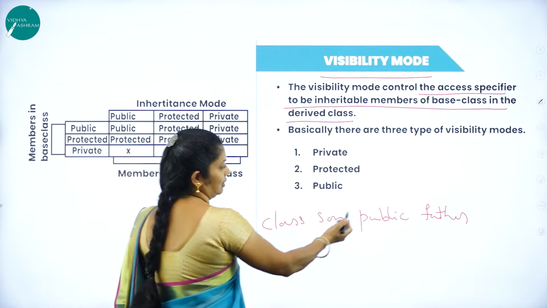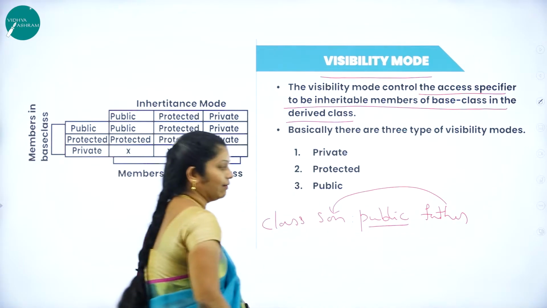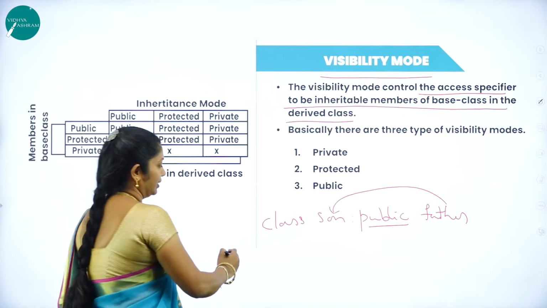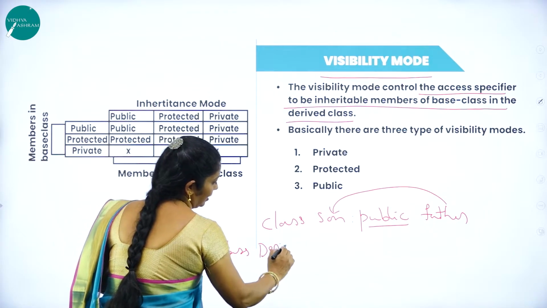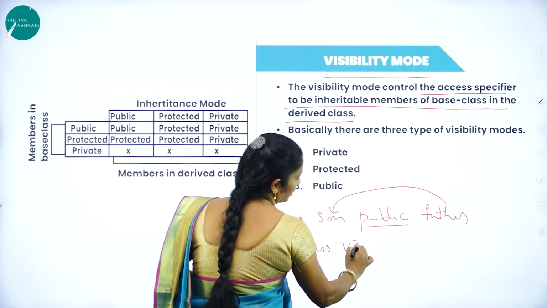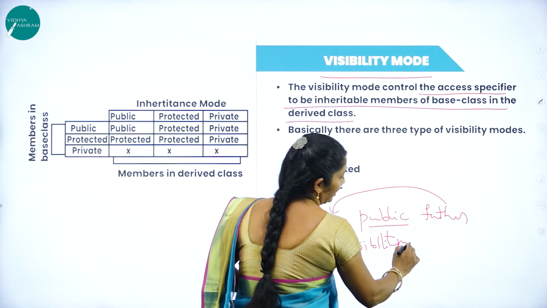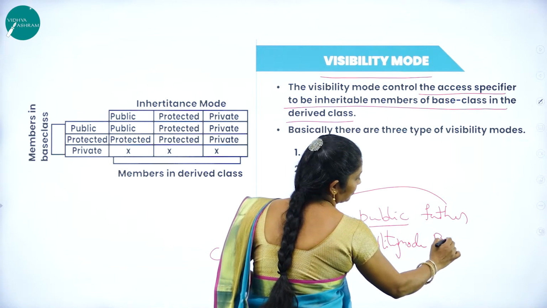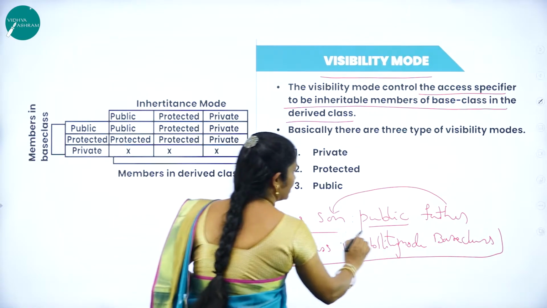Here this son can take the properties of father because the visibility mode we have given is public. The syntax is usually class, then derived class, then colon, then visibility mode, then base class. This is the general syntax to represent the visibility mode.